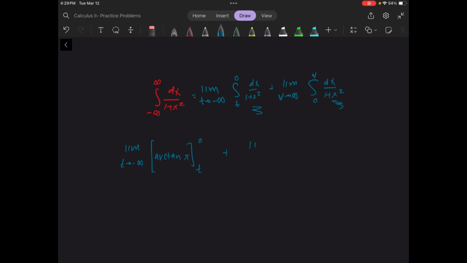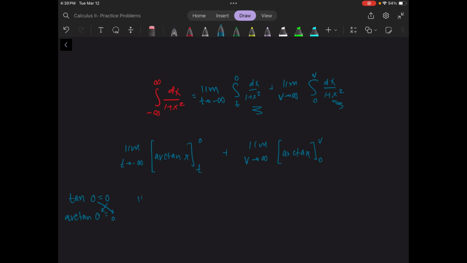We're adding to that the limit as v approaches positive infinity of arctan, starting at v, ending at 0. So what is arctan of 0? Well, we know that tangent of 0 equals 0, and arctan is just the domain and range flip for tangent. So this 0 comes here, and this 0 comes here. So arctan of 0 is just 0 as well.